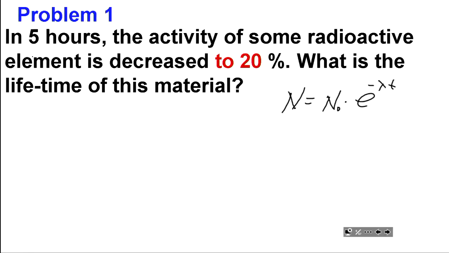And now we just have to write 20% of initial value, which is 100%, times exponent of minus decay constant times 5 hours. You can cancel percent, of course.